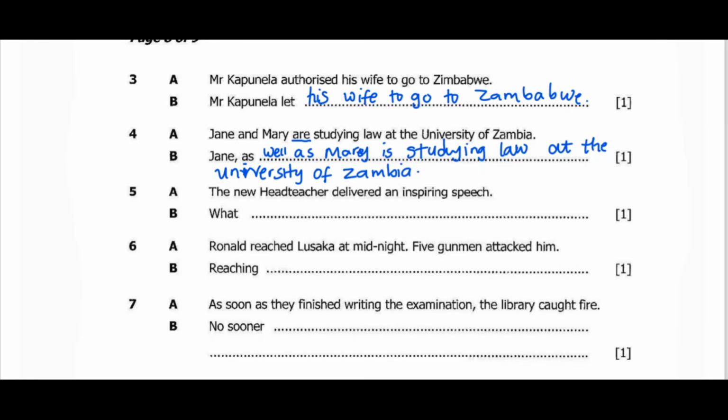Zambia. Then in question 5, the new head teacher delivered an inspiring speech. Begin with what: What an inspiring speech delivered by the new head teacher.